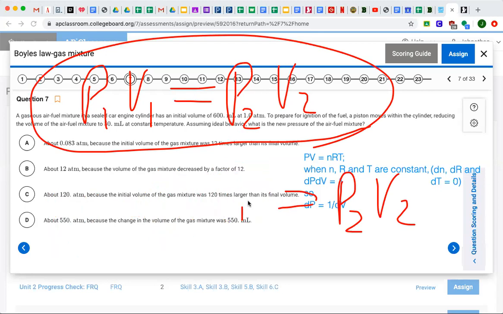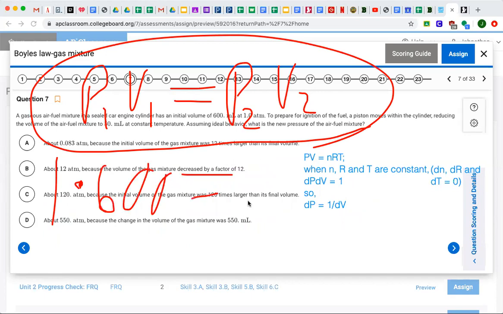So if you follow that approach, Symphony, take me through the calculation. P1 would be 1 atmosphere, good. V1 would be 600 milliliters. And that would be equal to P2, which we're trying to find, which we don't know, and then V2 would be 50 milliliters.